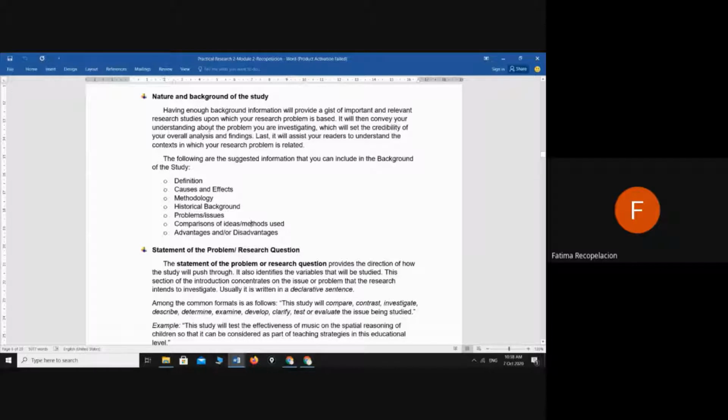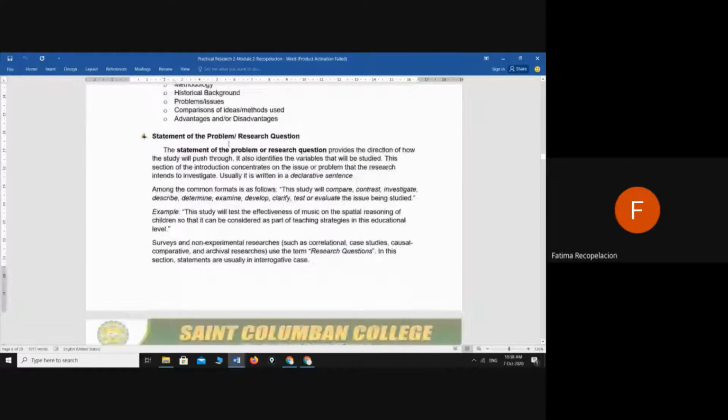Next is the statement of the problem or the research question. Okay? A statement is in declarative form, meaning it is a sentence that ends with a period. And we also have the research question, which is in interrogative format. Okay, so sometimes they are used interchangeably.